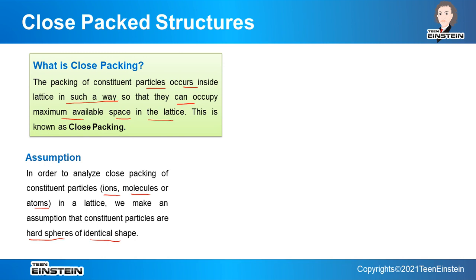So though we know that ions, molecules, atoms are actually not hard spheres or identical in shape, for simplicity and for the ease of analysis, we assume them as hard spheres, and all of them are identical in shape. So if there are 2 same ions, we will draw them similarly.